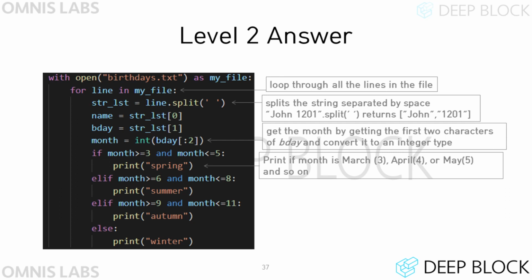This will break each line into a string of name and a string of birthday, and they will be stored in the string list variable. Therefore, the string at index 0 becomes the name, and the string at index 1 becomes the birthday. Assign these values to a variable named name and a variable named bday respectively.